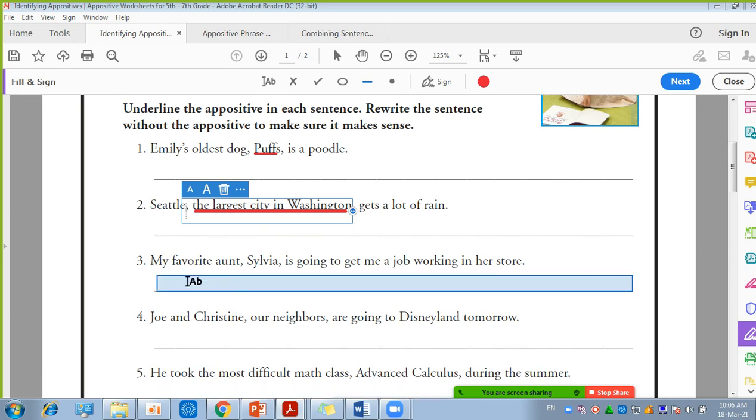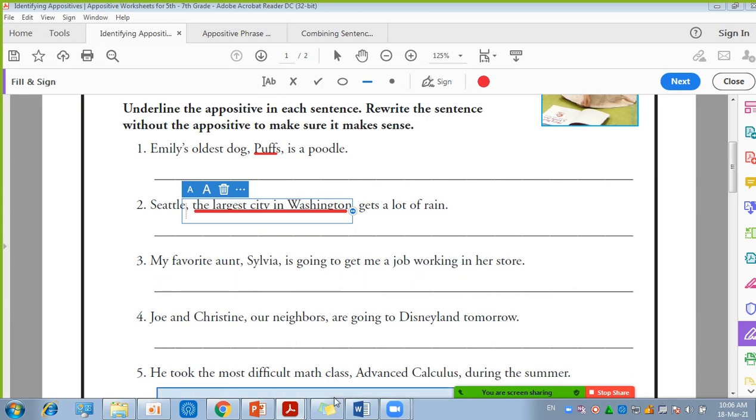If I just exclude this one, my favorite aunt, with the comma, the left out would be Sylvia, comma, is going to get me a job working in her store. Does this sentence make sense with this punctuation? No. Okay, where is the non-essential part here that we can exclude?